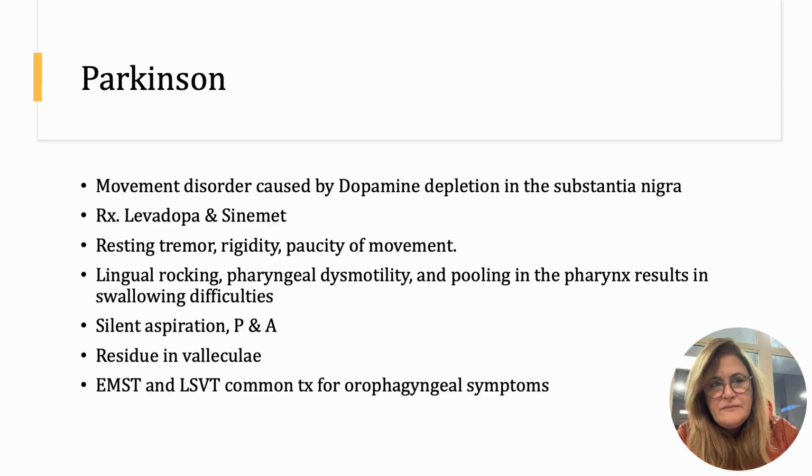One of the very common treatments that we're seeing more and more research on, from Dr. Troche and colleagues, Triana Steele and others, is the use of EMST. Before, in the past, we were using a lot more breather, and now we're also using EMST and RMST in combination with LSVT or SpeakOut as common treatment for oropharyngeal symptoms.